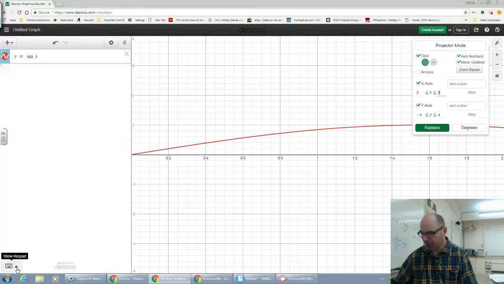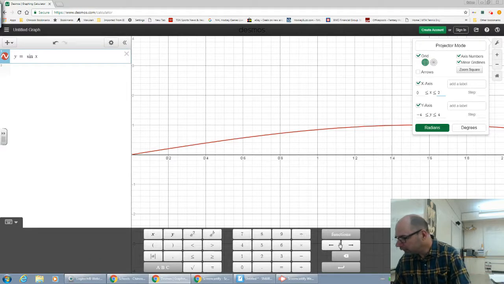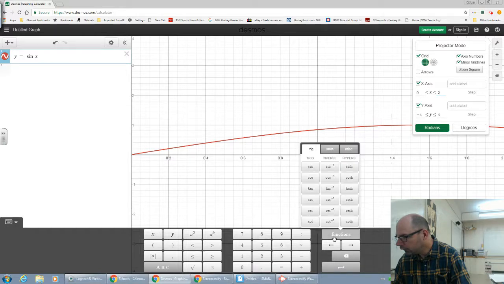Okay, 2 pi. I'm going to just bring this keyboard up. It should have pi on it here somewhere. I always forget how to get the pi on here.